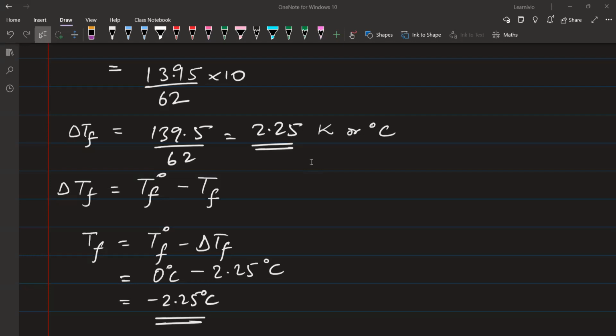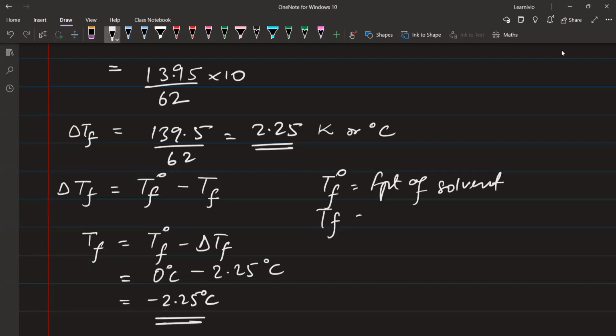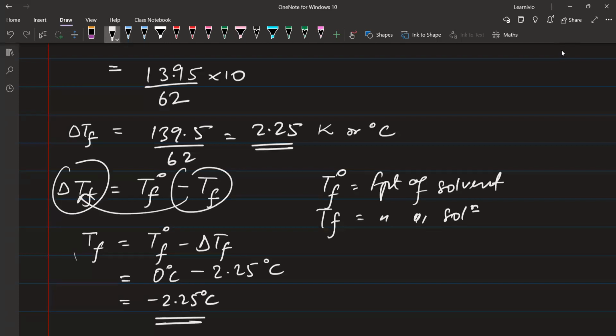Depression in freezing point is delta TF, and then the freezing point of the solution is also delta TF? No, T naught F is the freezing point of the solvent, and TF is the freezing point of the solution. So we sent the minus TF to the other side, so it became positive TF, and the delta TF we sent to this side, so it became minus delta TF.